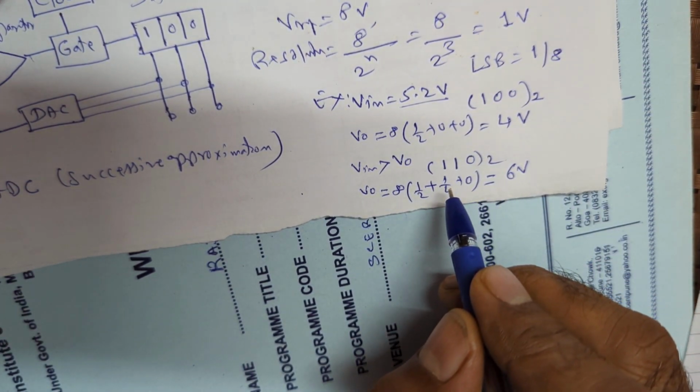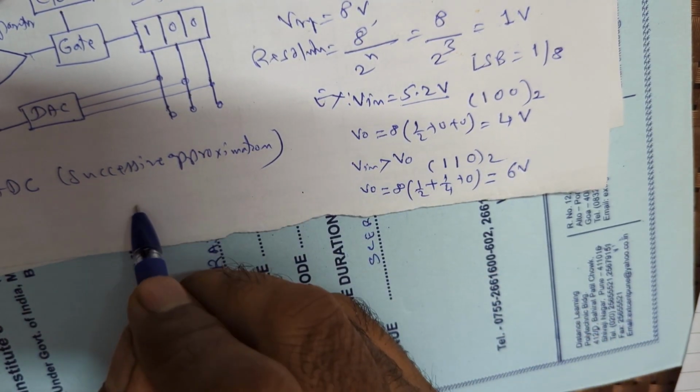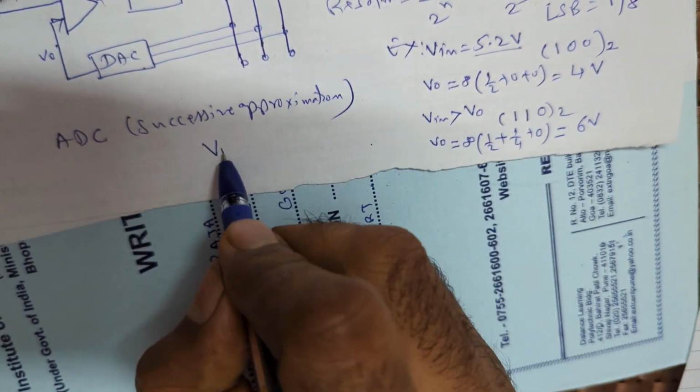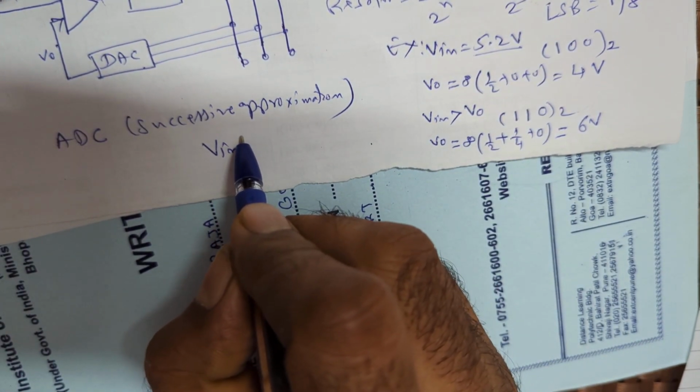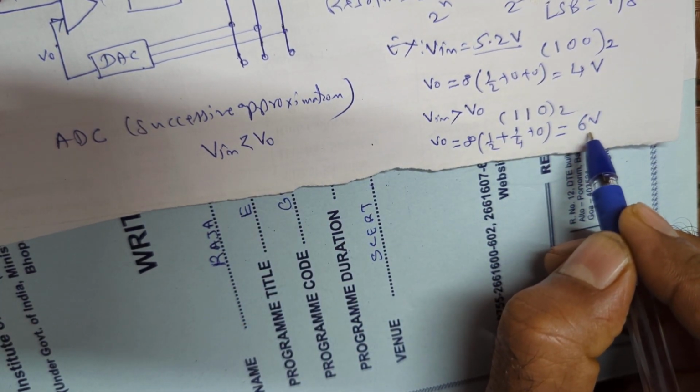Now 6 volt is compared with the incoming voltage, and VIN is found to be smaller than V0, because V0 is 6 volt.